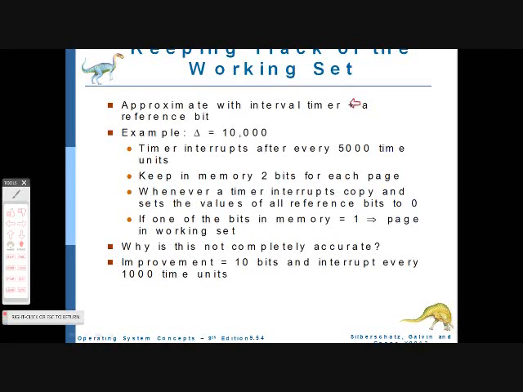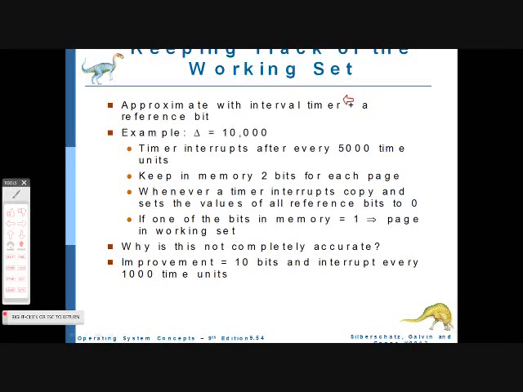The interval timer is a series of bits. In this example, it is comprised of 2 bits in order to indicate that the interval is within 1 to 5,000, 5,001 to 10,000, 10,001 to 15,000, or 15,001 until 20,000. So the operating system, with the help of the interval timer, can know which interval a referenced page belongs to.